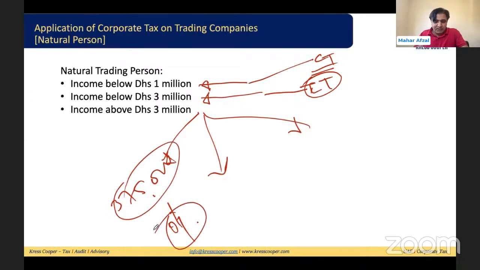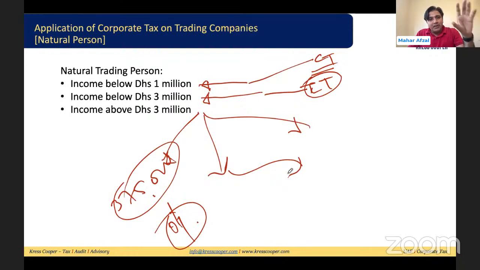If the income is more than that, we need to map the accounting income into the taxable income. We need to map the accounting profits into the taxable profits. We need to make all sort of adjustments. So once we are converting accounting income into the taxable income, then the total taxable income up to 375,000, 0% corporate tax will be applicable, and any taxable income beyond 375,000, 9% corporate tax will be applicable.